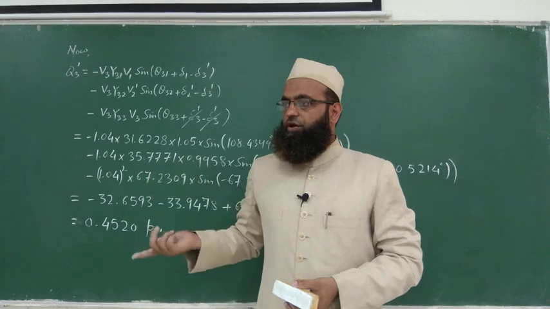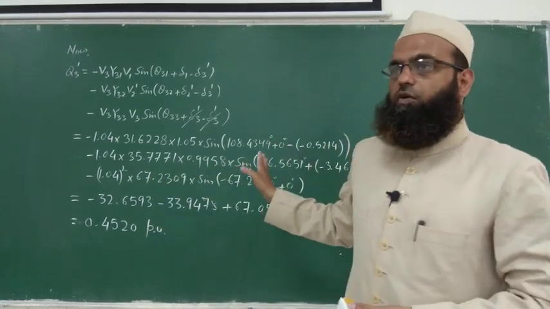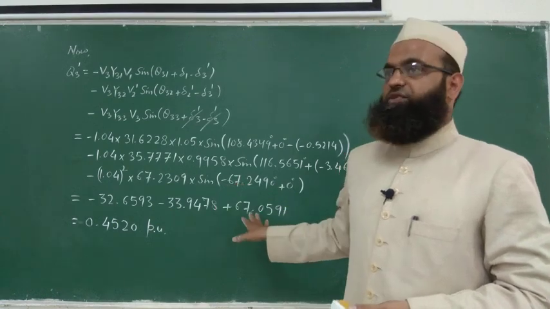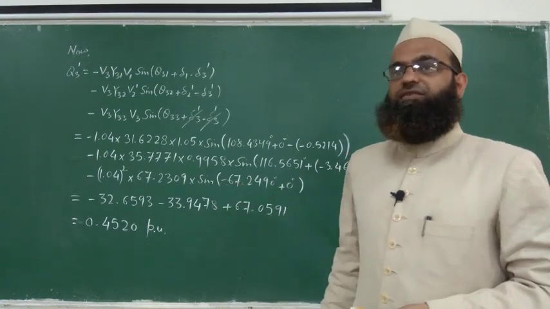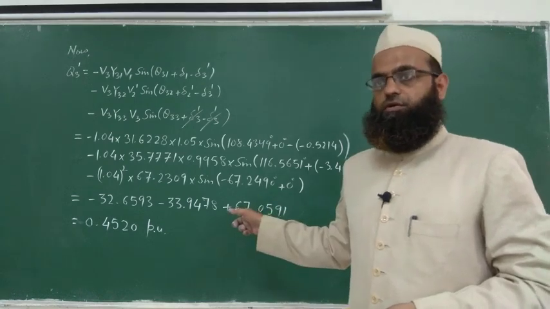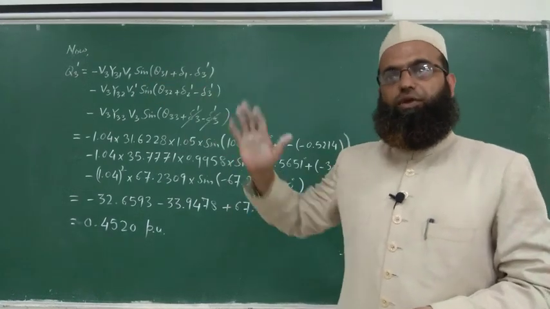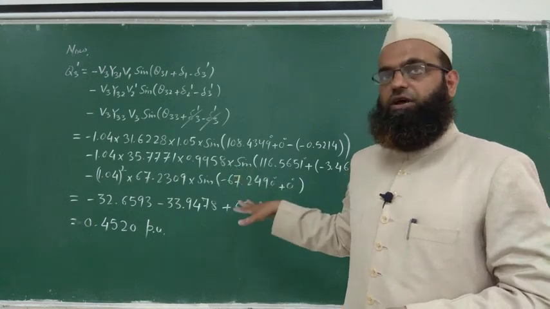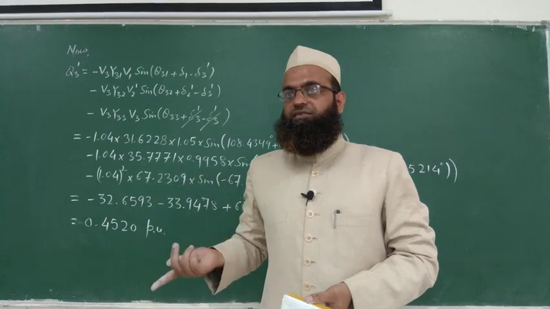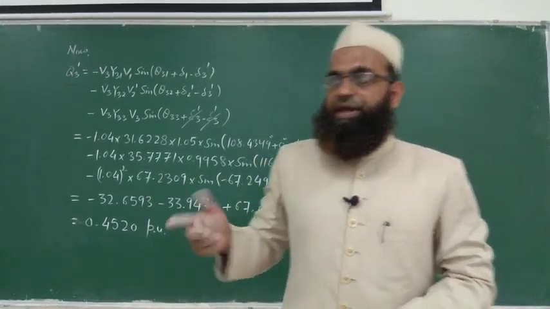So how to proceed? Now this particular so-called PV bus till now in this iteration will be treated as PQ bus in this iteration only. Again we will check for next iteration, but for this iteration this bus number 3 will be treated as PQ bus.